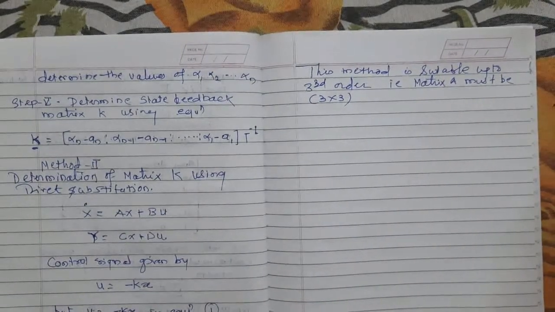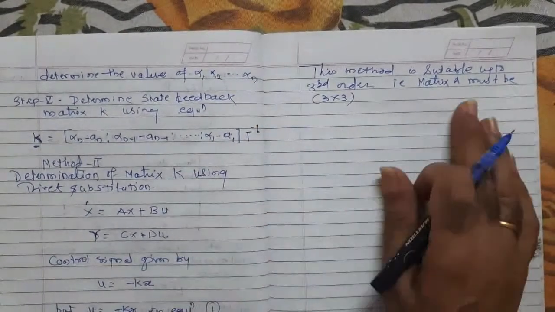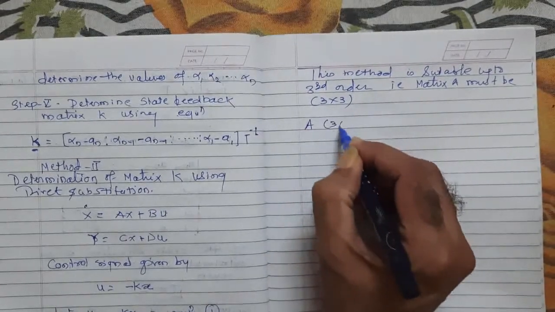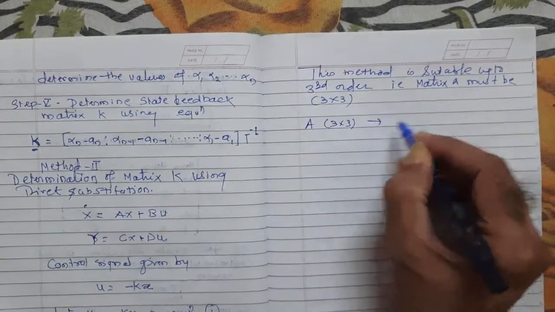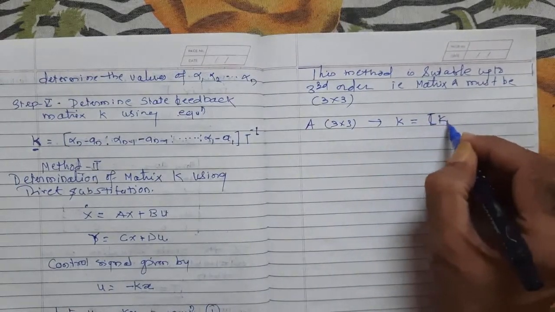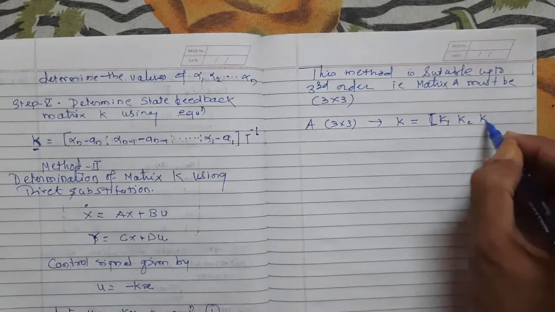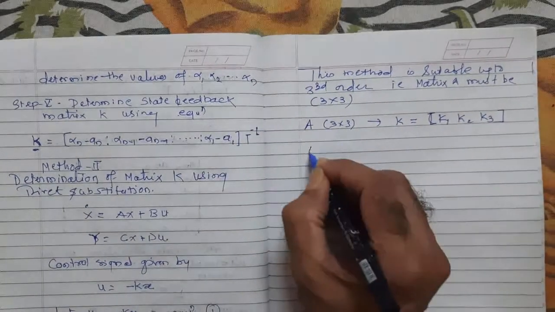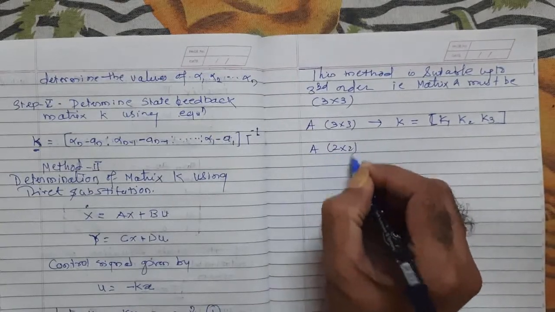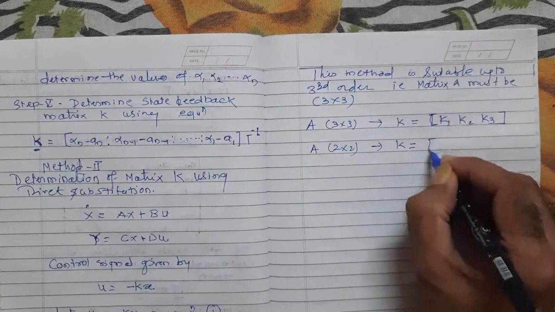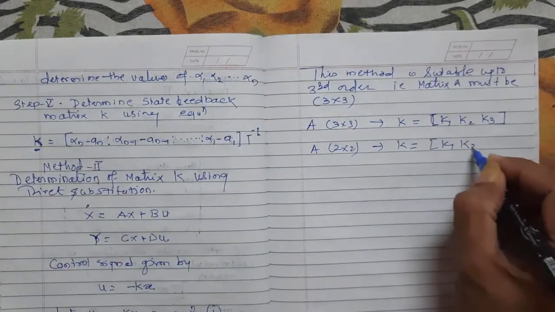So if the matrix A is 3 by 3, then the K matrix becomes K1, K2 and K3. If A is 2 by 2, then K equals K1 and K2.